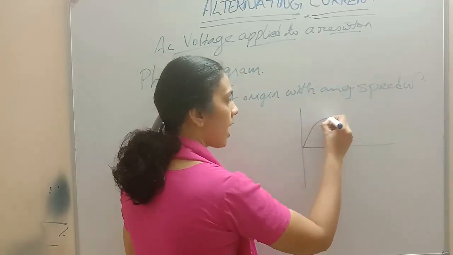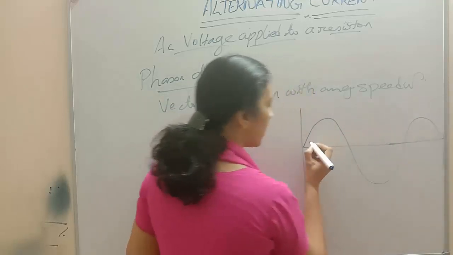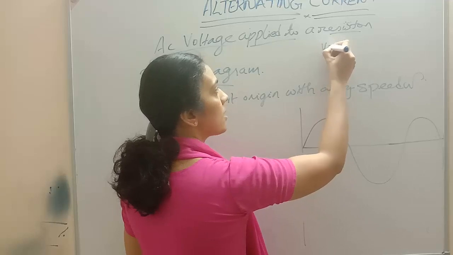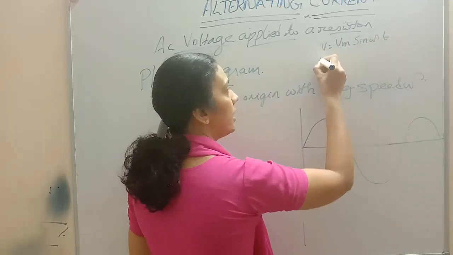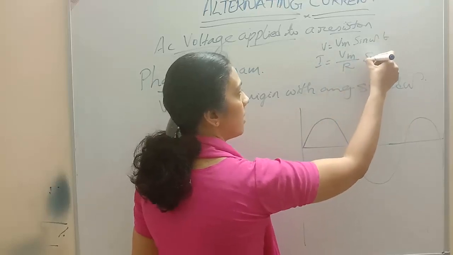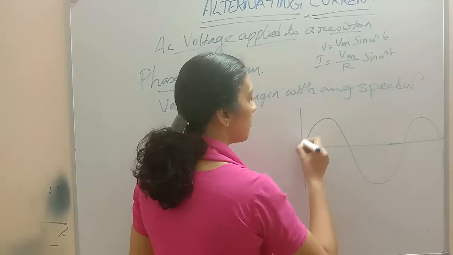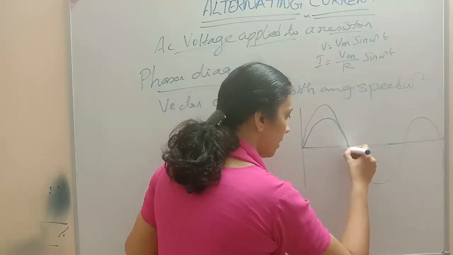That means, see, I am representing it like this. This is I. We know V equals Vm sin omega t and I equals Vm by R sin omega t. That means V values will be greater.